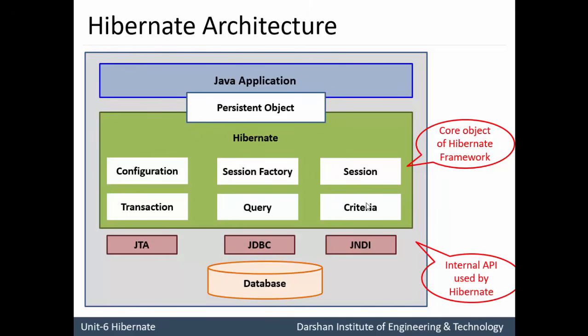Next layer is the internal API used by Hibernate: JTA, that is Java Transaction API, JDBC, that is Java Database Connectivity, and JNDI, Java Naming and Directory Interface. And the fourth part is the database, that is the fourth layer.